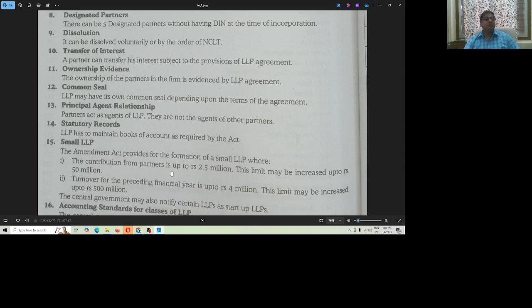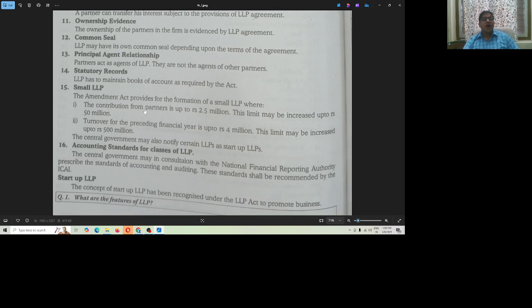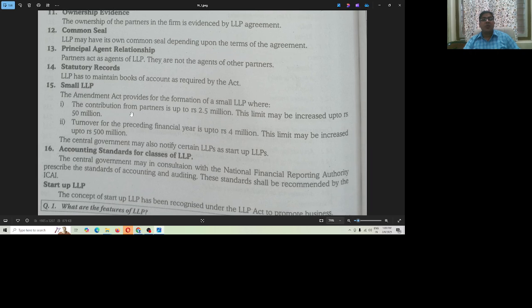Small LLP. Now the amendment Act provides for the formation of the small LLP, where amendment means changes in the Act. The contribution from the partners is up to rupees 2.5 million.